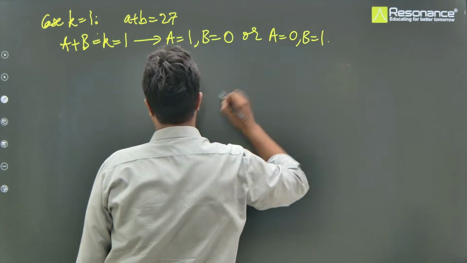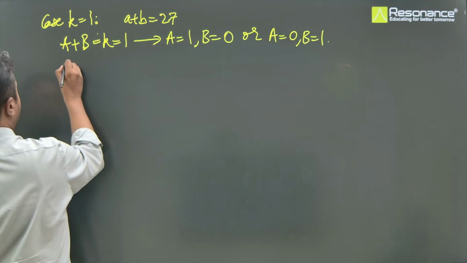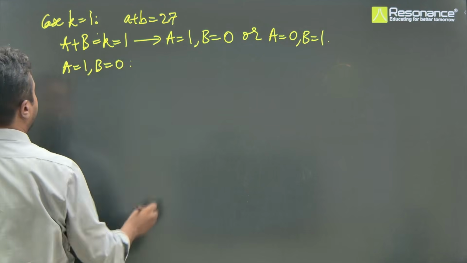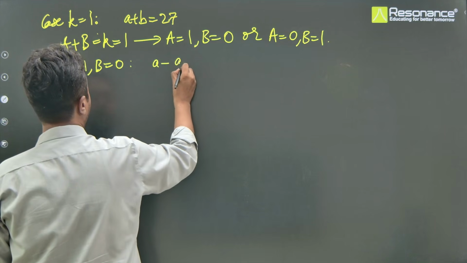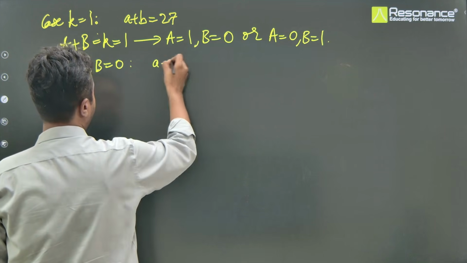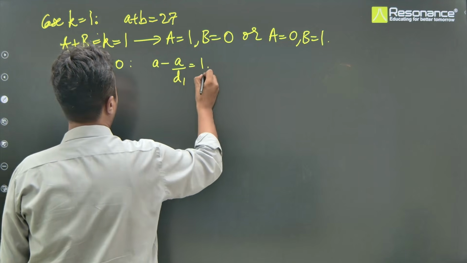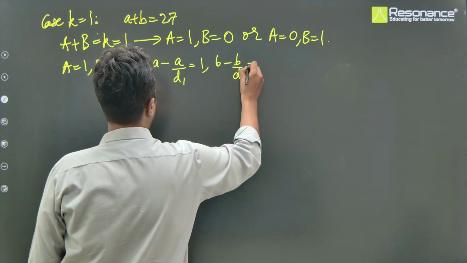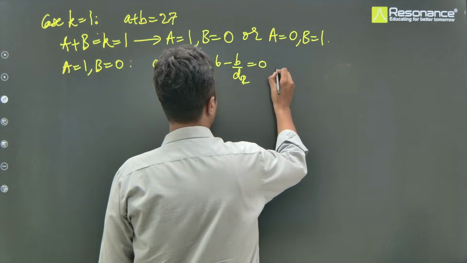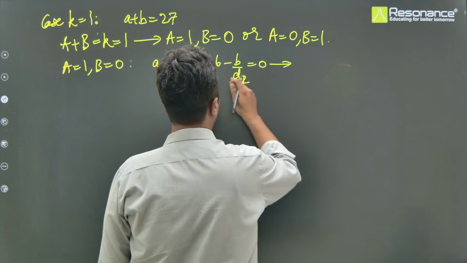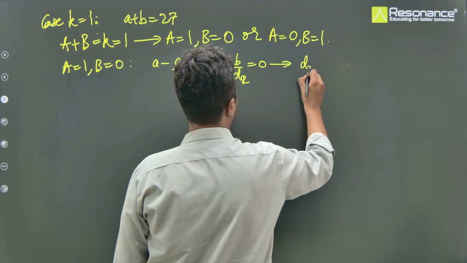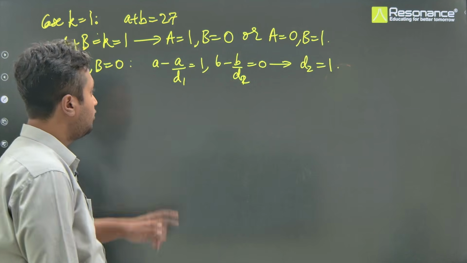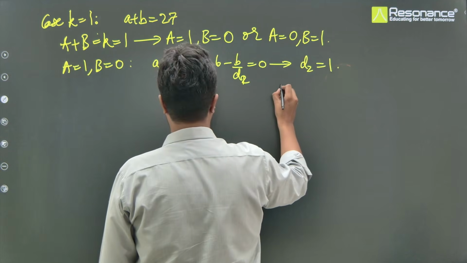So the subcase A equal to 1, B equal to 0 means, what is A? A is a minus a by d1, that is equal to 1, and then b minus b by d2 is equal to 0. So it immediately tells you that d2 has to be equal to 1. That's the information that you get about d2. And then d1, you still get a lot of information.